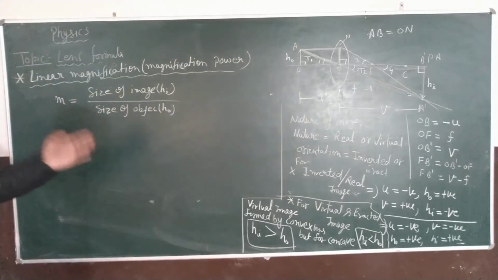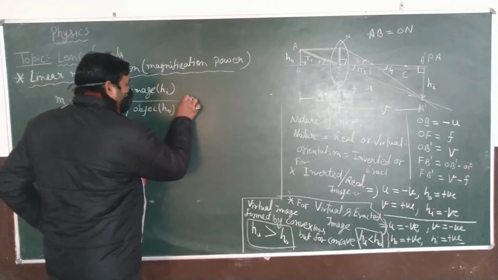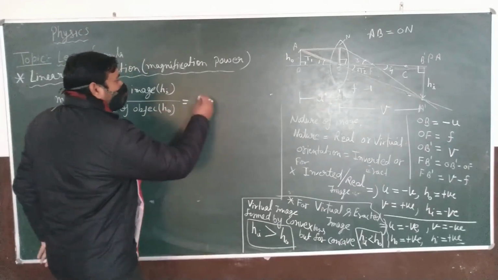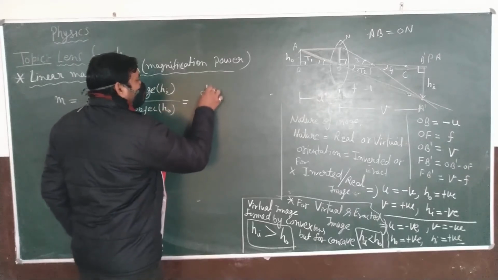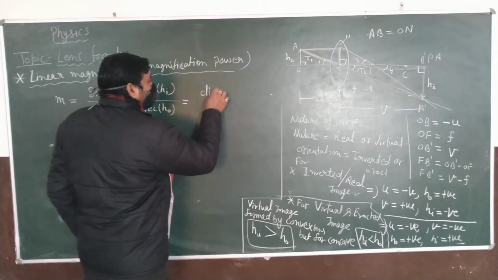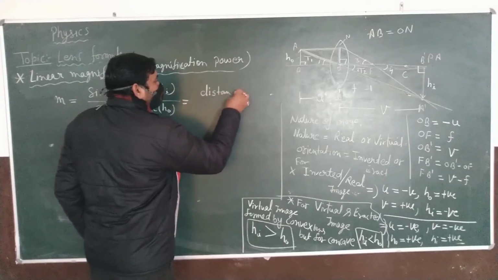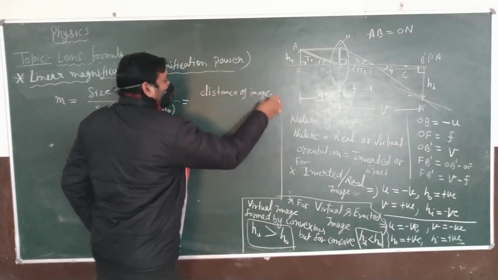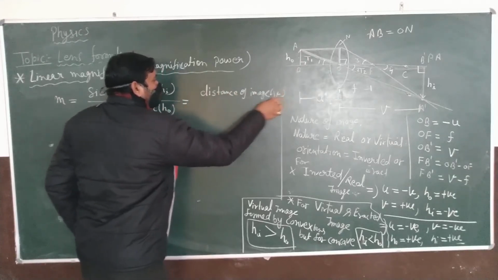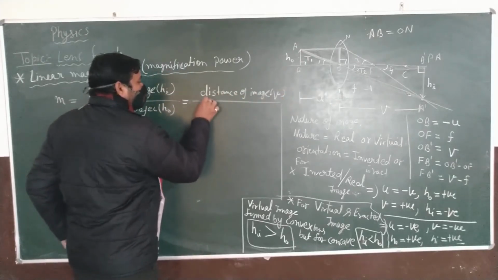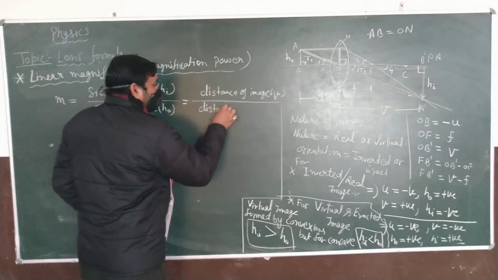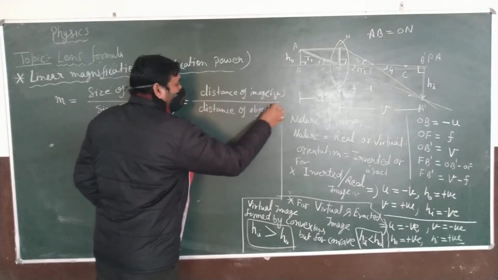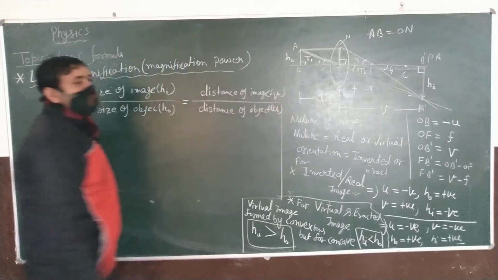And it is also defined as the distance of the image, that is V, to the distance of the object, that is U, from the lens.